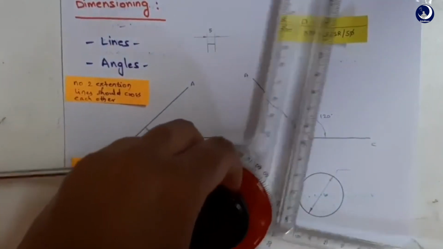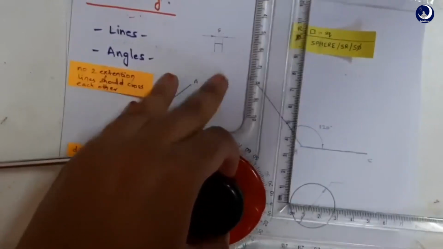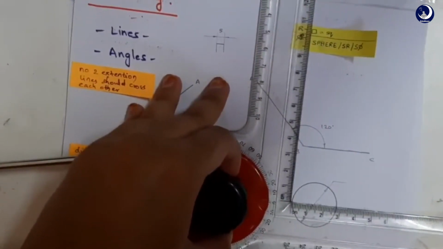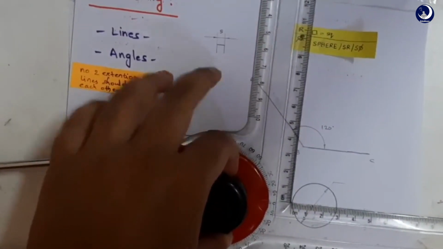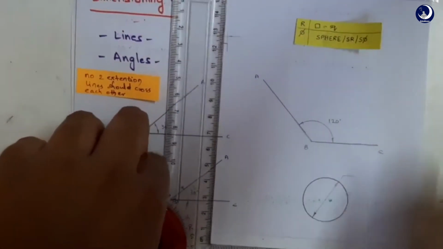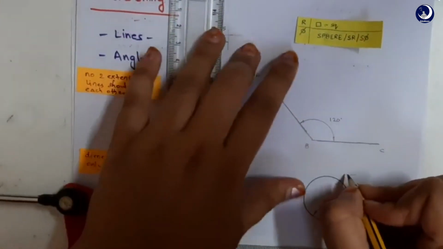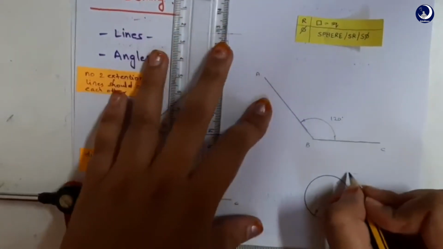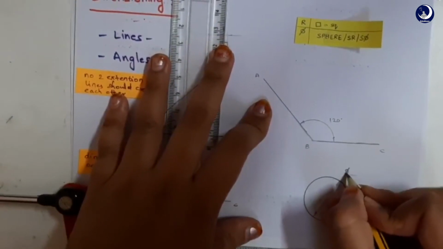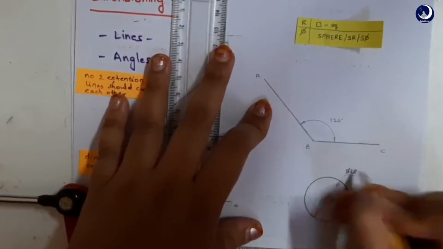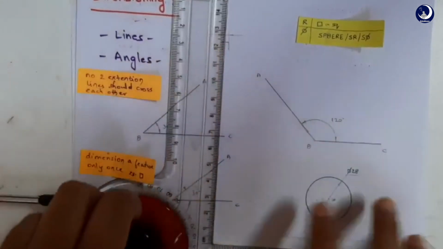That is, this circle is 28 mm diameter. So as I said, diameter is phi. So diameter 28. That's how you dimension a circle.